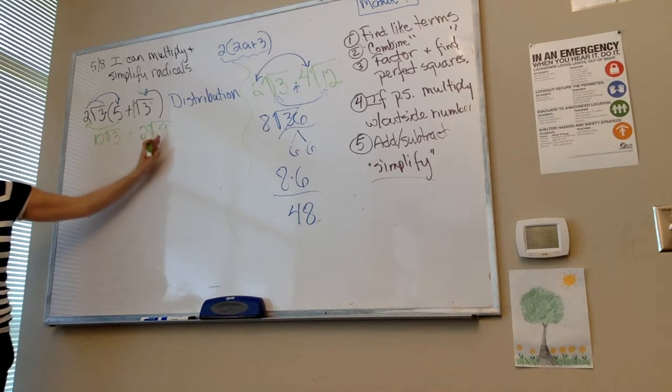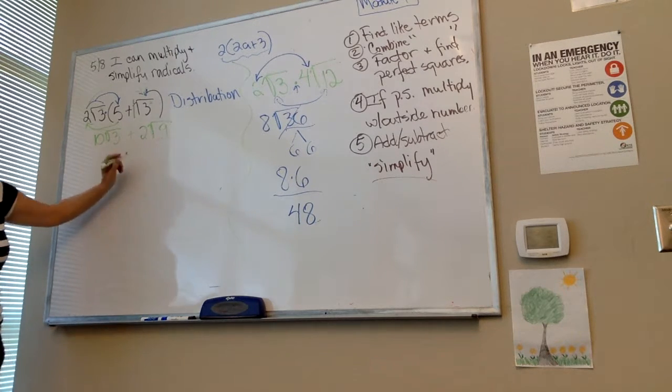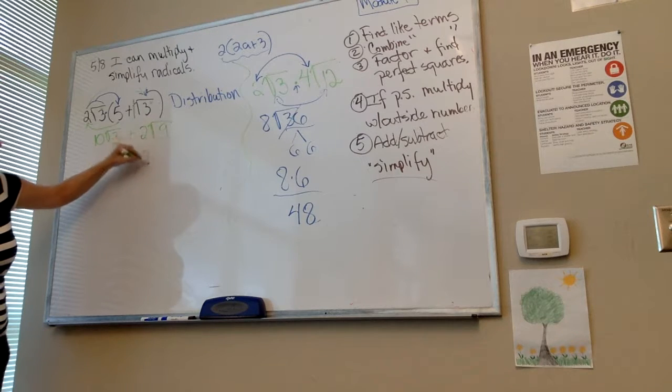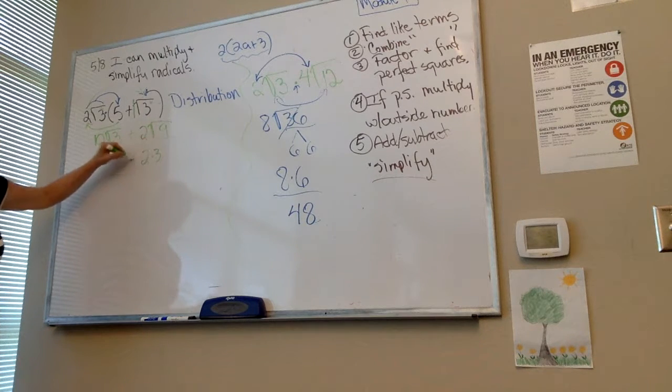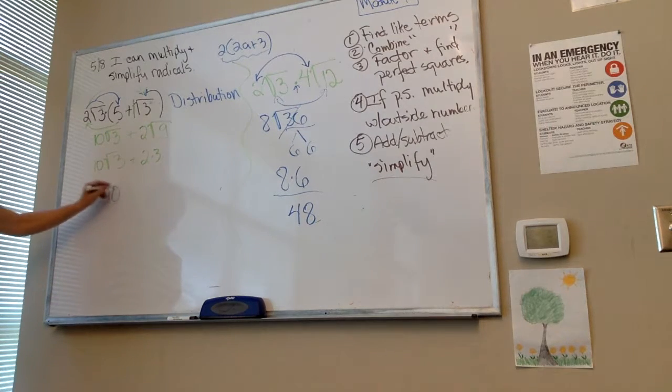What is the square root of 9? 3. I'm going to pull that out. I brought everything else down. So 10 radical 3 plus 6.